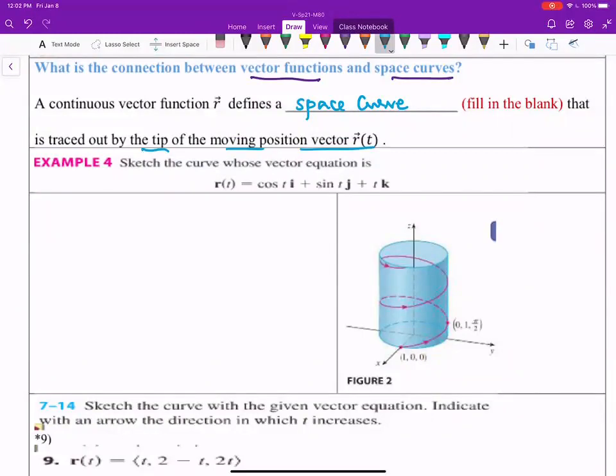Sketch the curve whose vector equation is R of t equal to cosine t i plus sine t j plus t k. When R of t is written in the ijk form, the i component is x, the j component is y, and the k component is z.